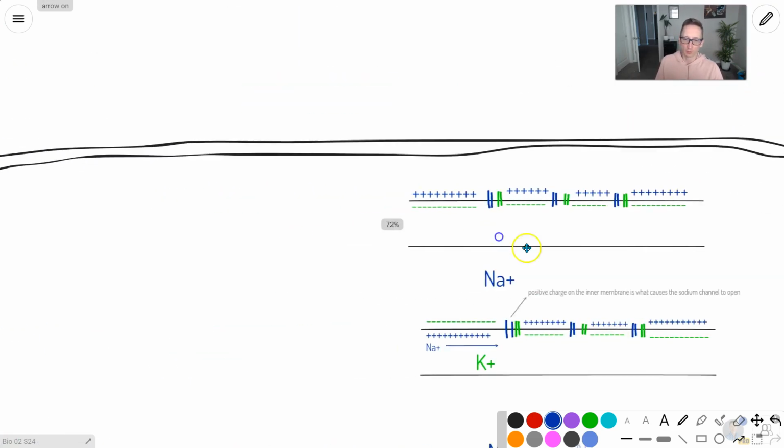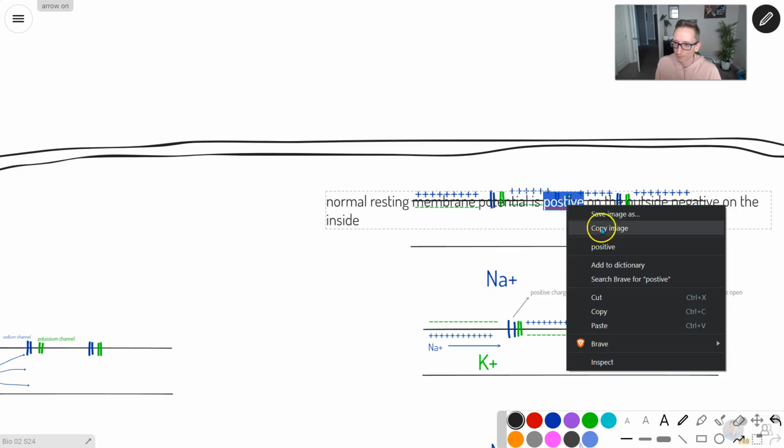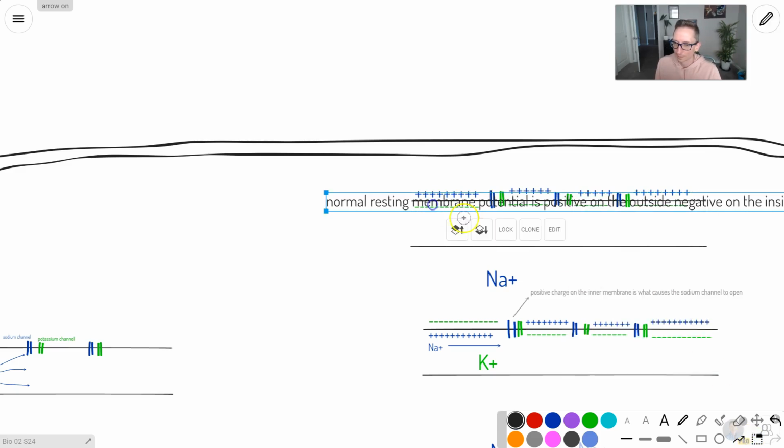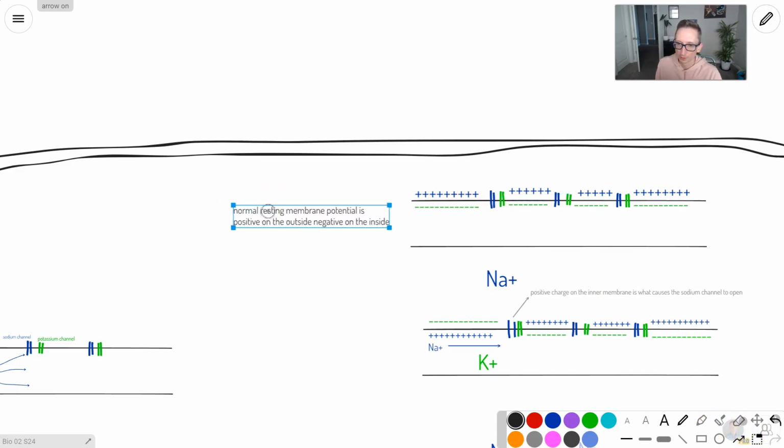Normal resting membrane potential is positive on the outside, negative on the inside. Okay, beautiful.